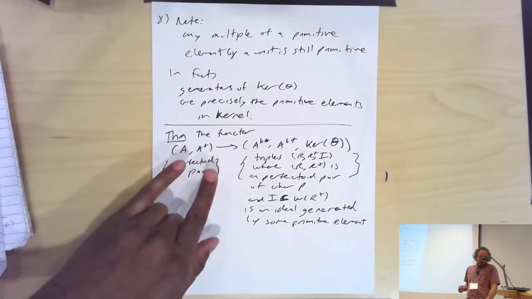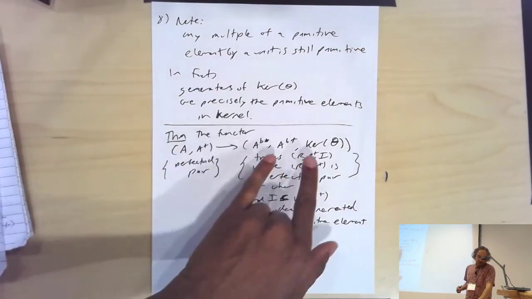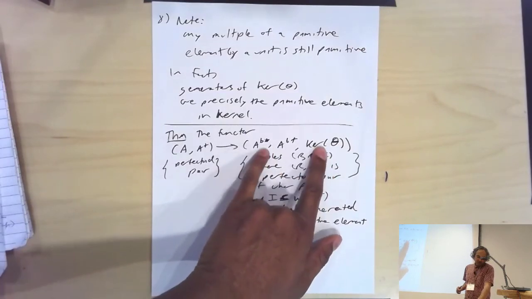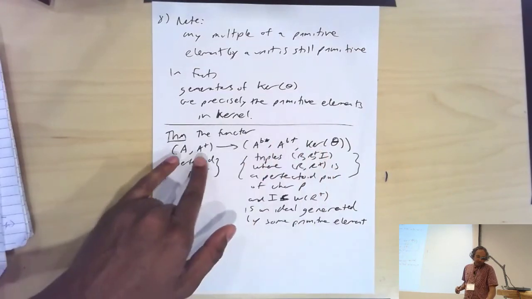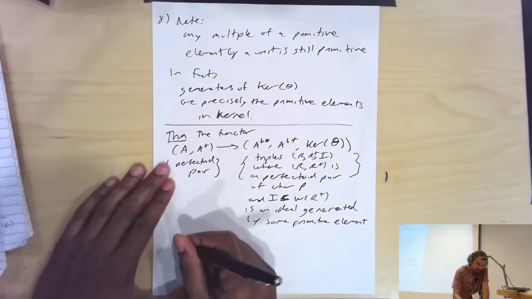So this is a long description, but these things you can think of as forming a category, and you have a functor from here to here, and this is an equivalence.